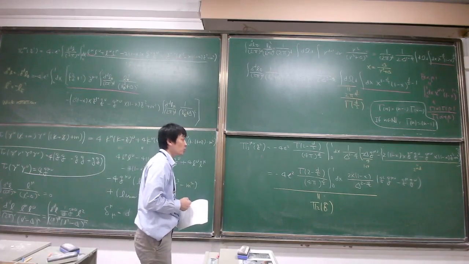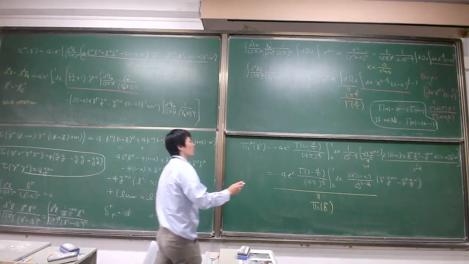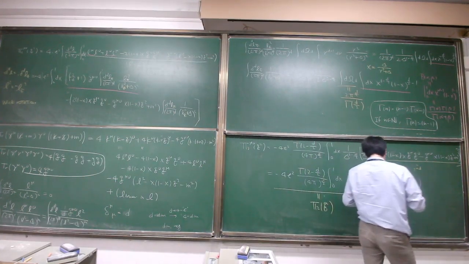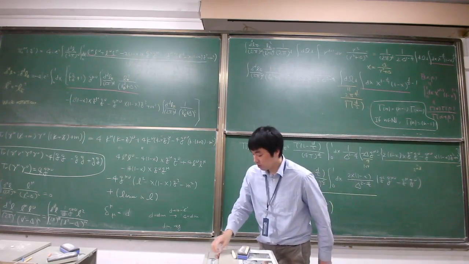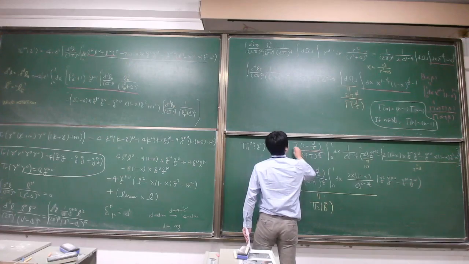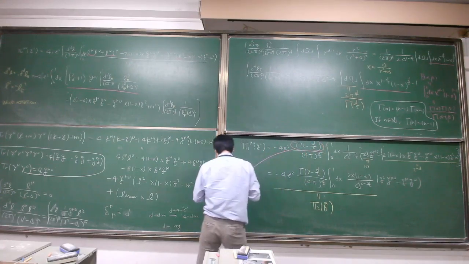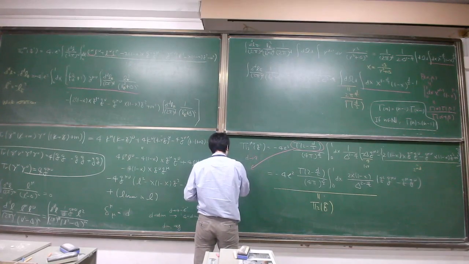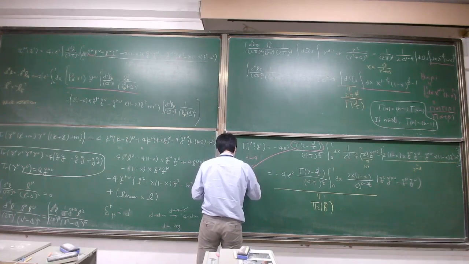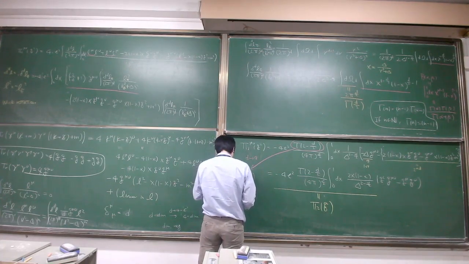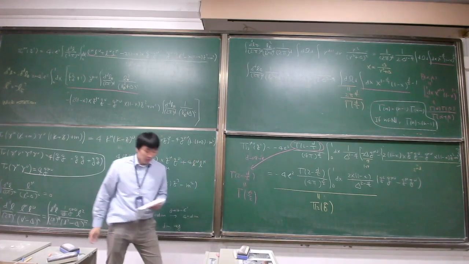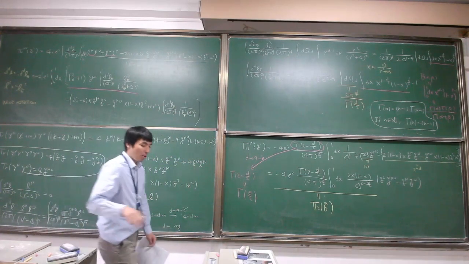What's nice about dimensional regularization is that they put all the infinity into this gamma function. So what we are going to use is that when d equals 4, gamma of 2 minus d over 2 is equal to gamma of epsilon over 2, and gamma 0 has a pole.